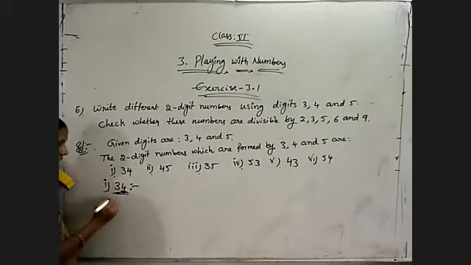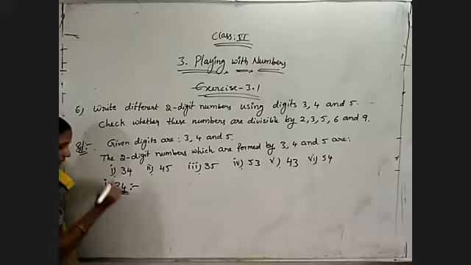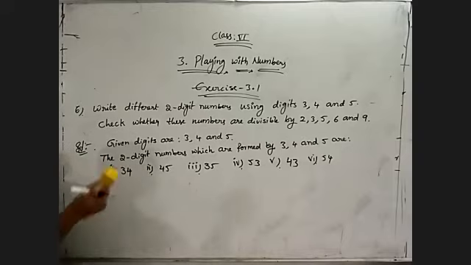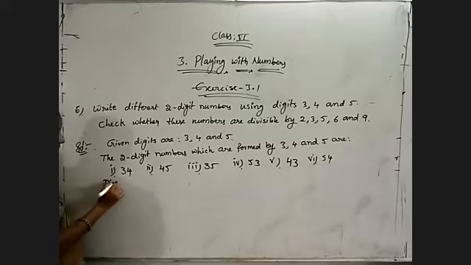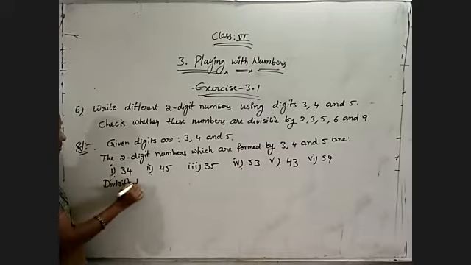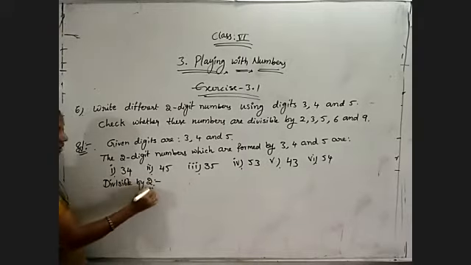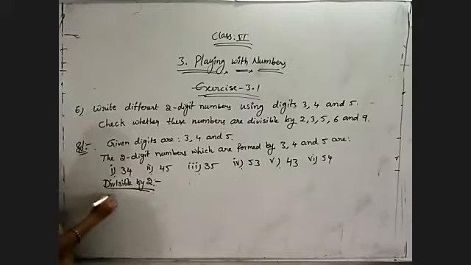So first of all, what I am writing? Whether these numbers are divisible by 2, 3, 6, 9 like that. So divisibility by 2 I am writing. The numbers which are divisible by 2 I am mentioning now here.